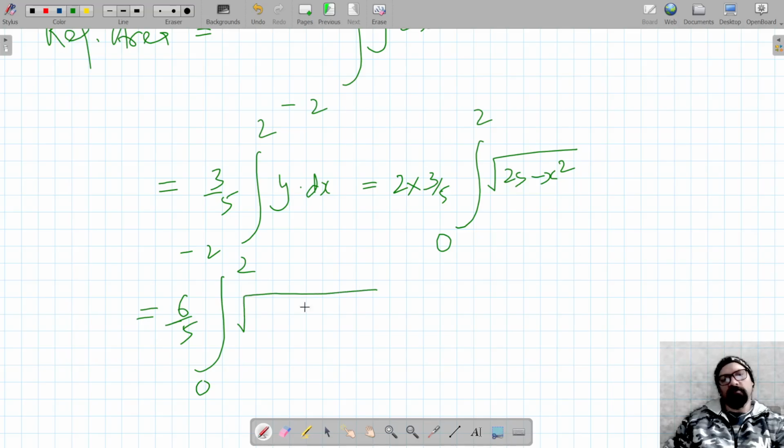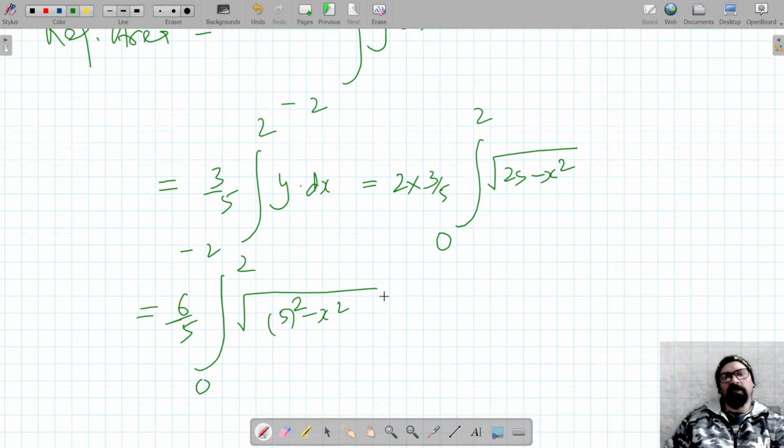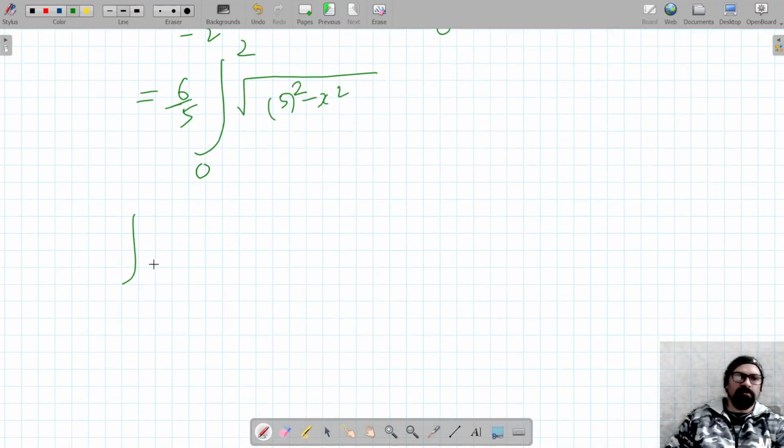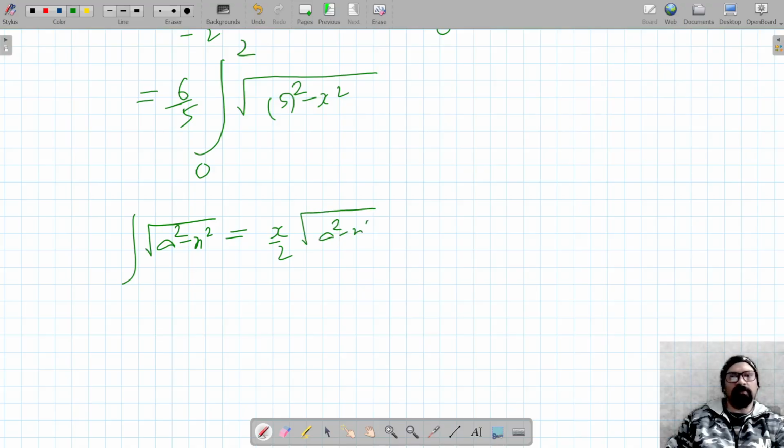Now this is of the form a² - x², and we know that the integration of the square root of a² - x² is x/2 times the square root of a² - x² plus a²/2 sine inverse of x/a.